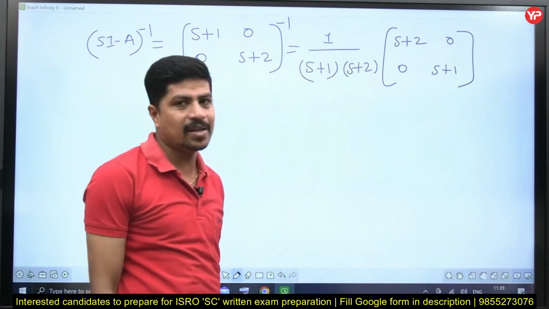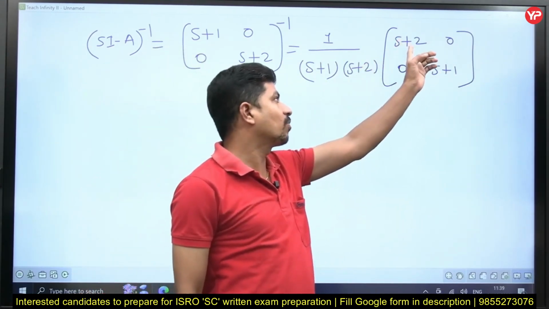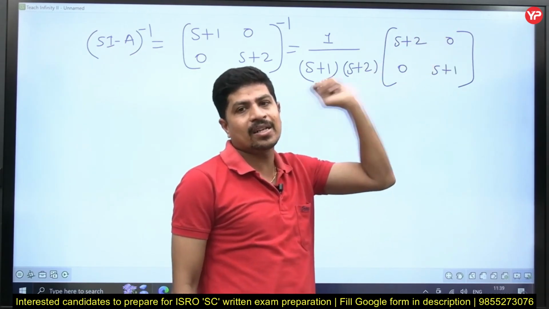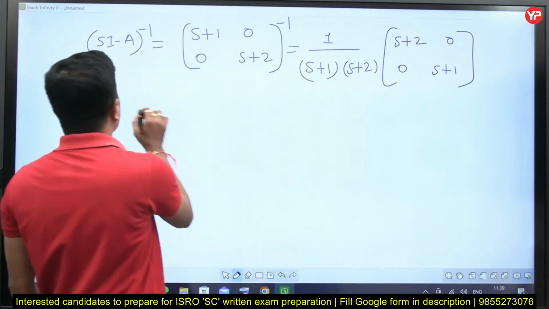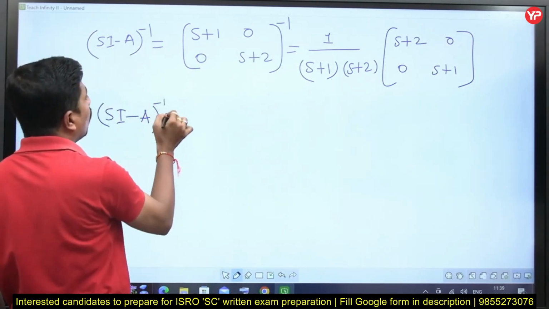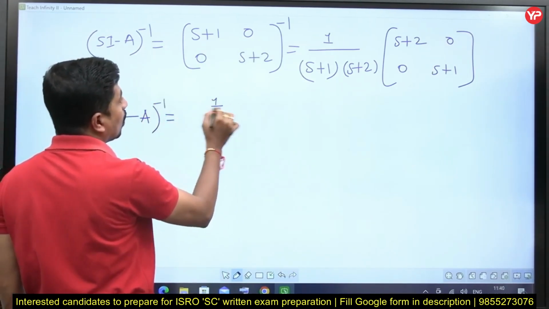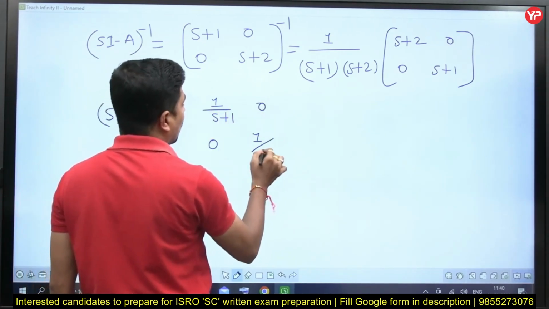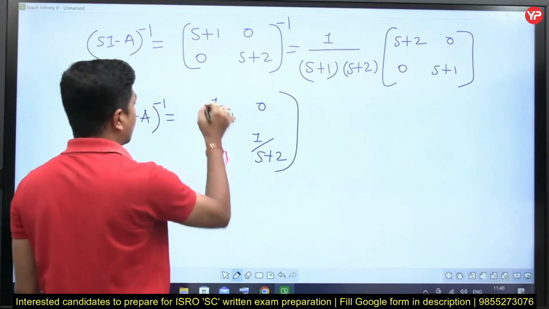For a 2 by 2 matrix, exchange the positions of A and D and change the sign of B and C, so minus 0 will be again 0. Then (sI minus A) whole inverse is equal to [1 by s plus 1, 0; 0, 1 by s plus 2].